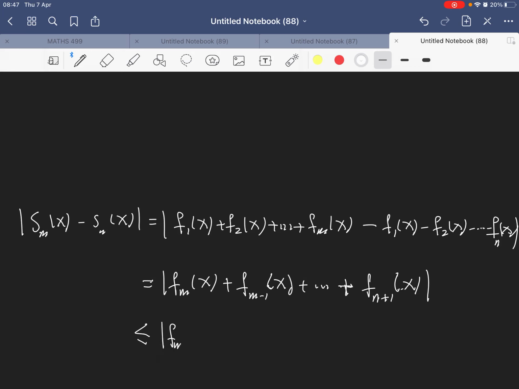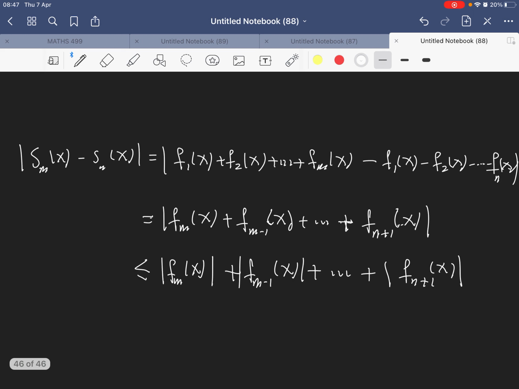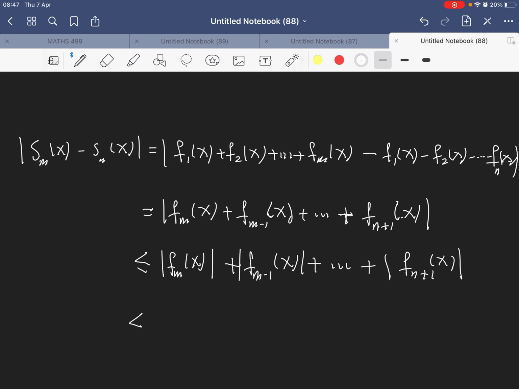By the triangle inequality, each one of these is less than M, since each one is already bounded by Mm, Mm minus 1, and so on.